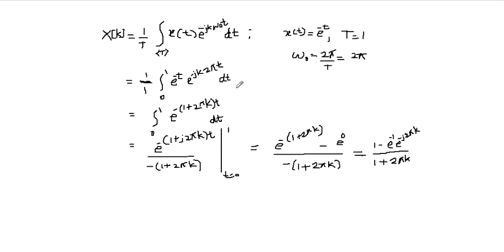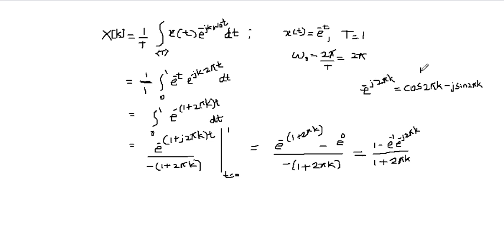Now here we know that e raised to j 2 pi k, if I expand it, may be e raised to minus j or e raised to plus j. If it is expanded, it will be cos of 2 pi k minus or plus j sine of 2 pi k as per this sign. And k is the Fourier domain coefficient, and this k can take only integer values.